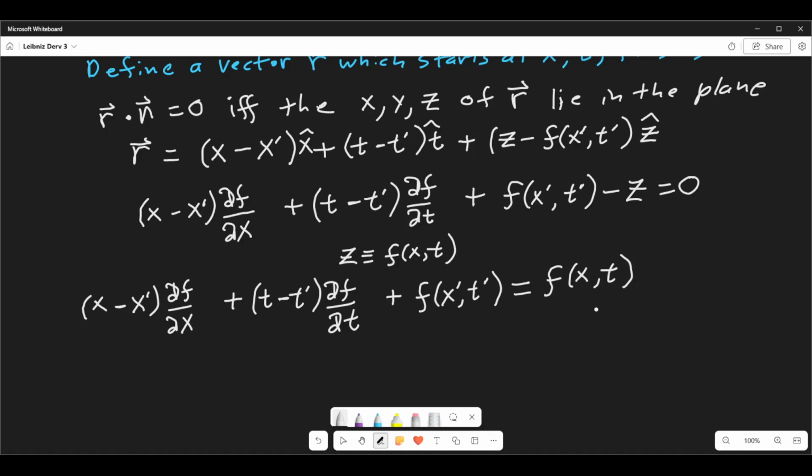So this is the way of converting f of x at t to what's actually a plane. And there's one more point here.